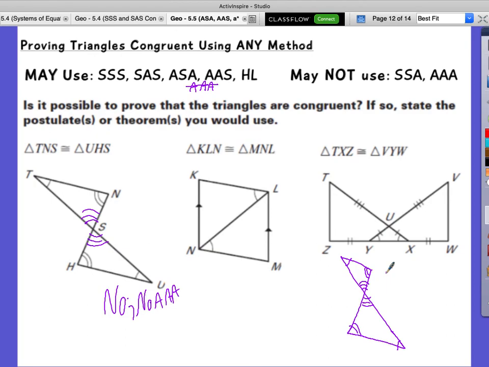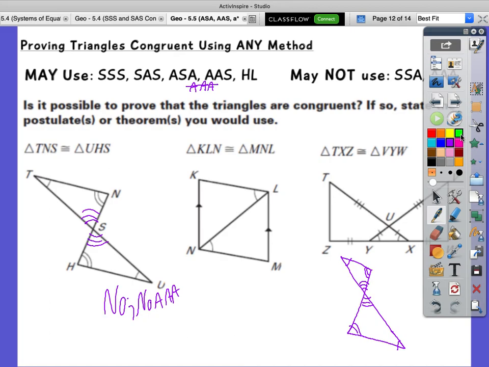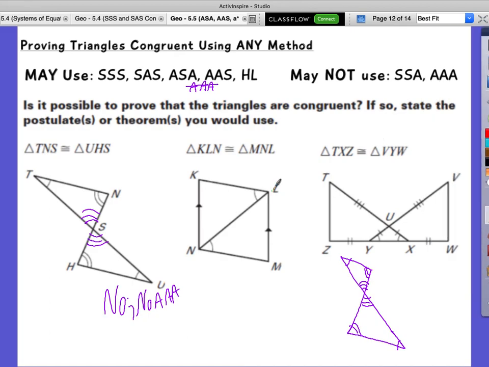We're going to look at this example and we're going to be done, okay? So do we have enough to prove this congruent? Not right now. But could we figure out more? Yes. Okay, so right now we know one set of angles. What else could we know? They share the middle line.